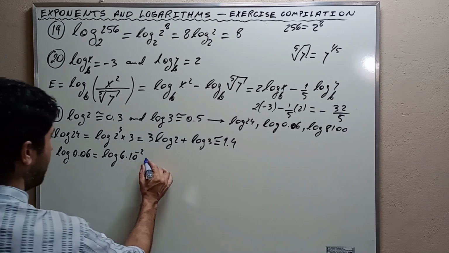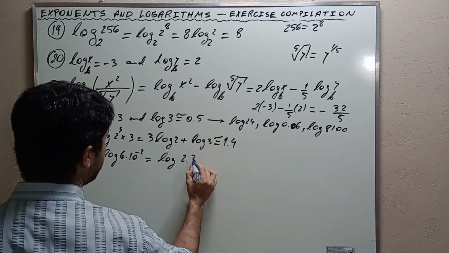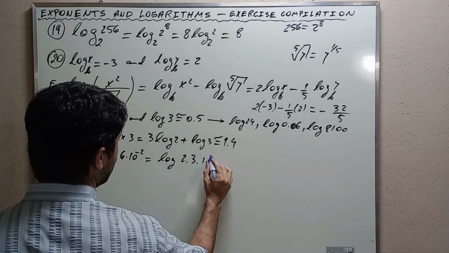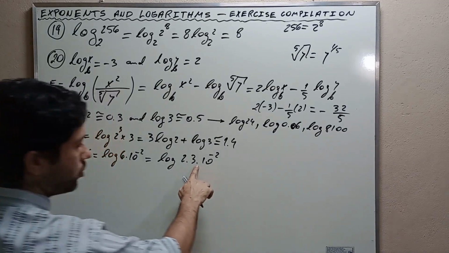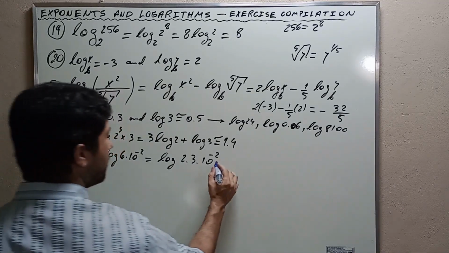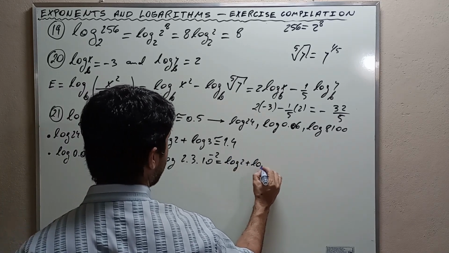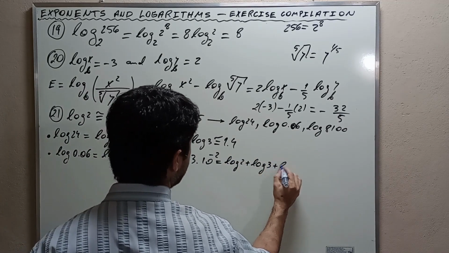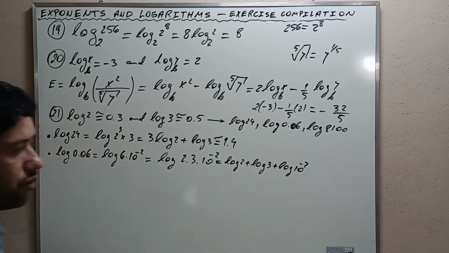We put the logarithm of 2 times 3 times 10 to the negative 2. It is a multiplication, so it can be converted to the logarithm of 2 plus the logarithm of 3 plus the logarithm of 10 to the negative 2.